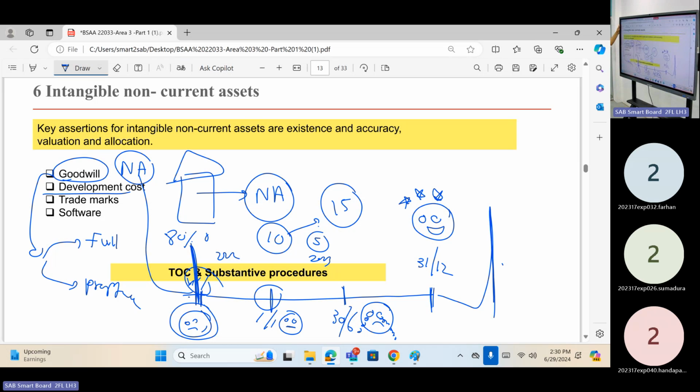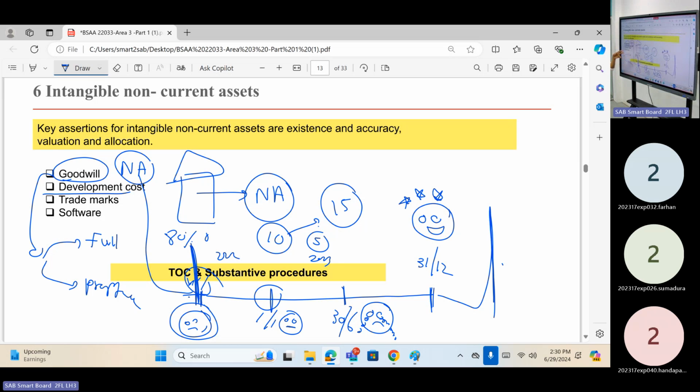So then those are the related evidence. Once you have a case study, you need to decide what substantive procedures you are supposed to do and what evidence you need to gather as an auditor. That depends on the scenario. So what we can do is suggest a full substantive approach plus relevant audit procedures.